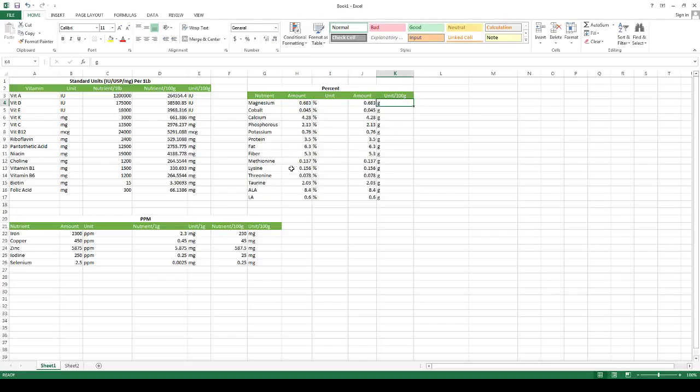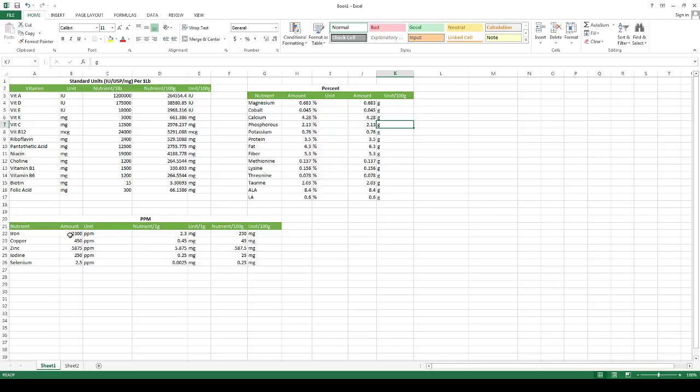Hopefully that makes sense. Pretty easy conversion on all of these. So when you're entering in Pet Diet Designer, when you're asked about magnesium or any of these other nutrients that are in percents, you can just convert them straight over and make sure that you're putting them in grams, because we're doing grams per 100 grams basically. So that's how we're analyzing percents here.